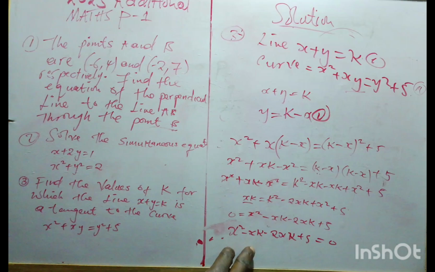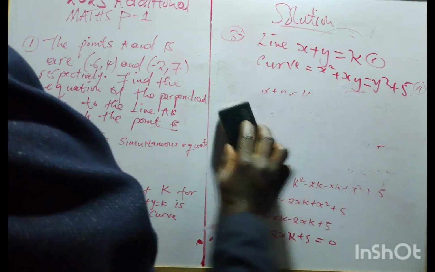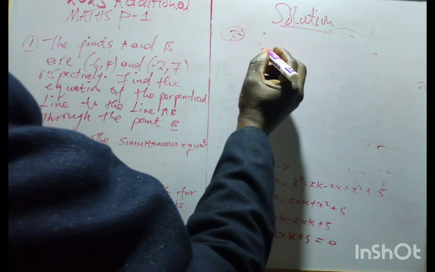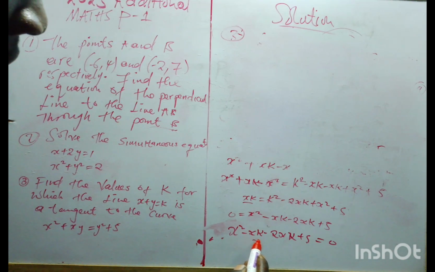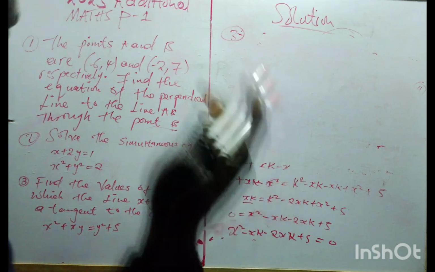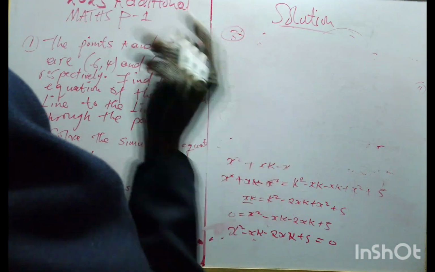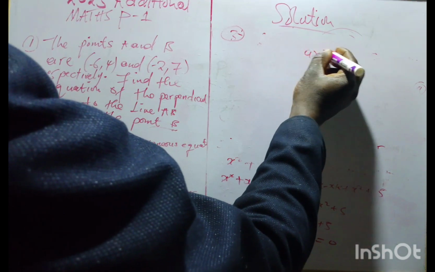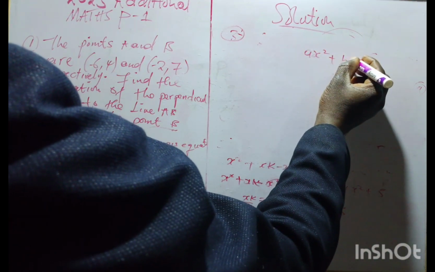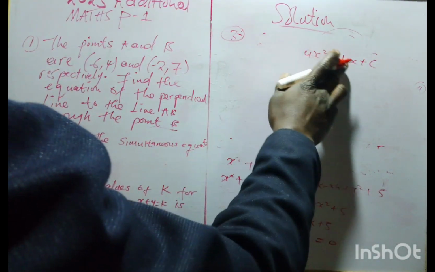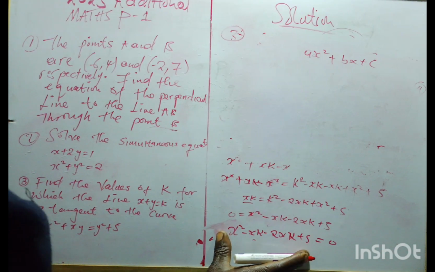So why am I not adding this term here? Because there is a thing which I want to come up with, which is I'm going to factor out what is common. We're going to factor out x. Okay, because what we are interested in is this equation, which is ax squared plus bx plus c. So this is the equation which we are interested in making from this equation here.